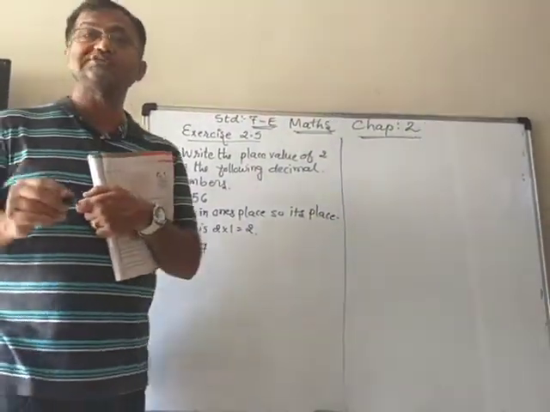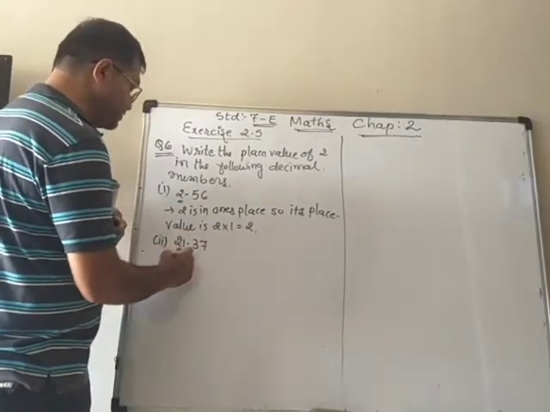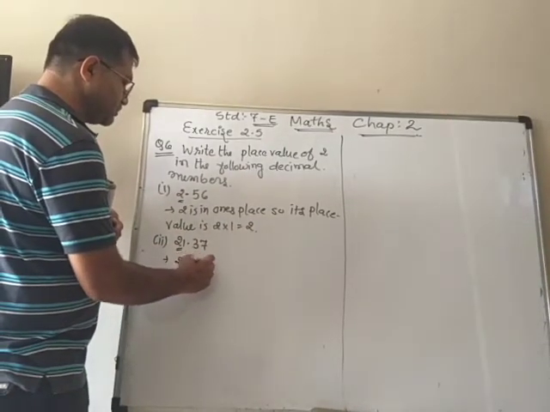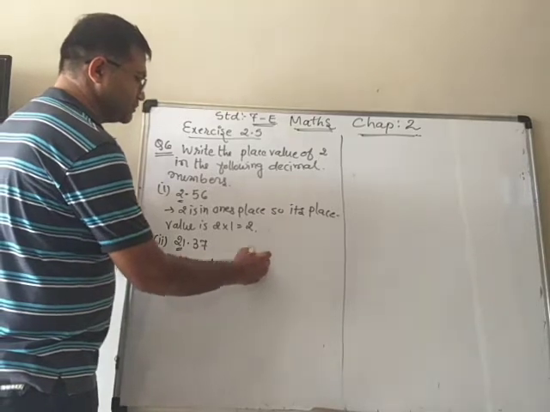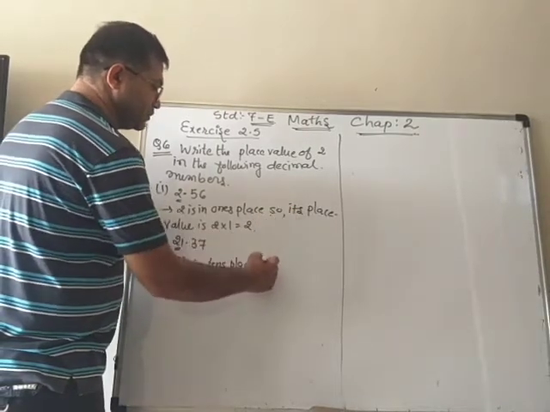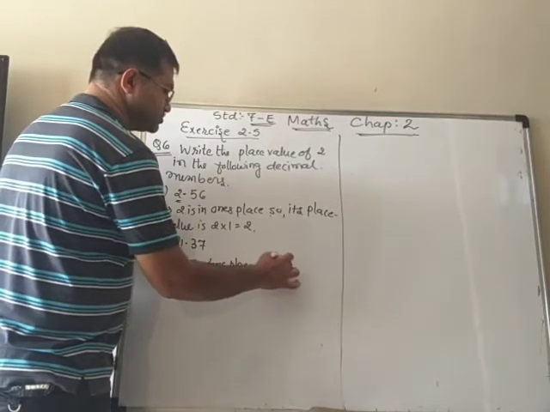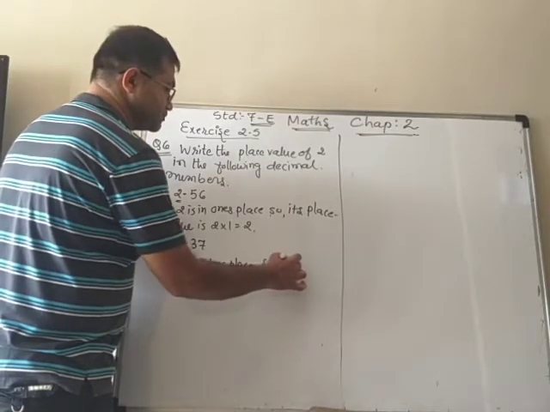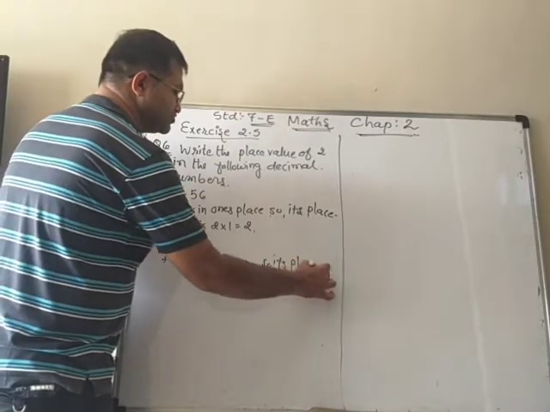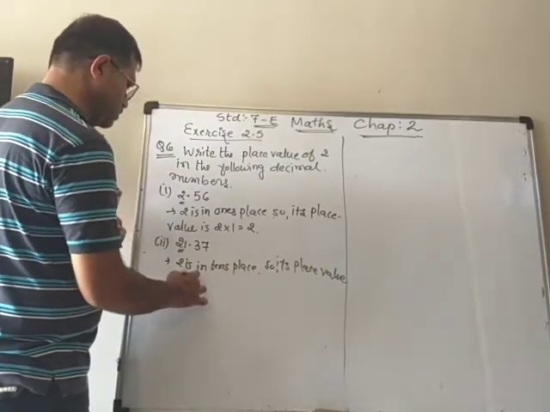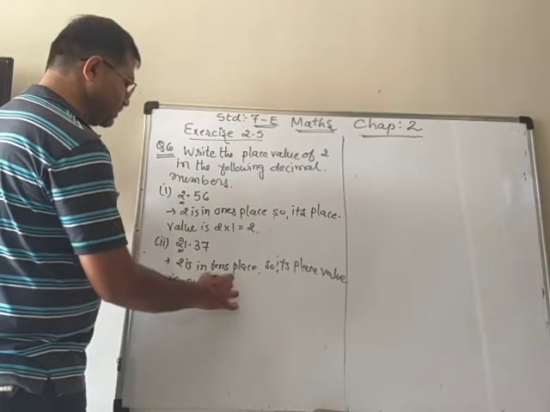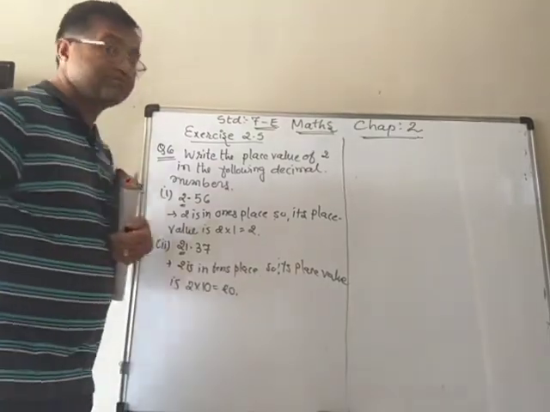So 2 is in tens place, and its place value is 2 multiplied by 10, and that is 20.